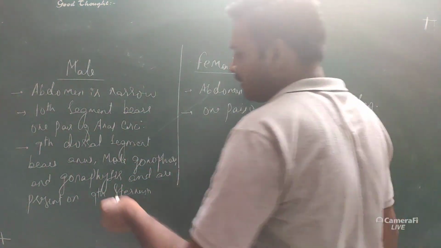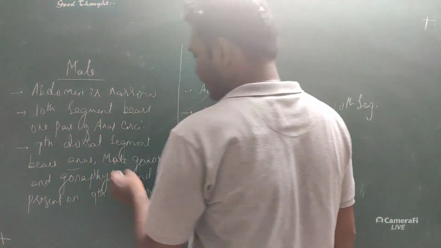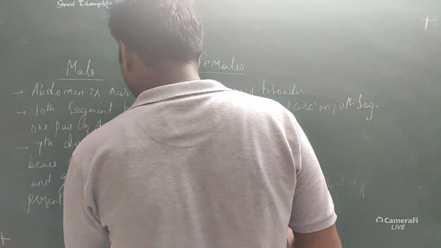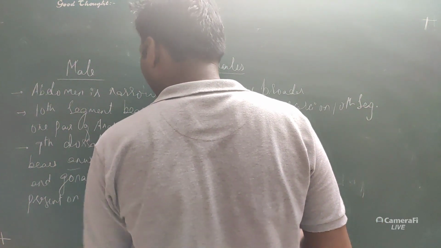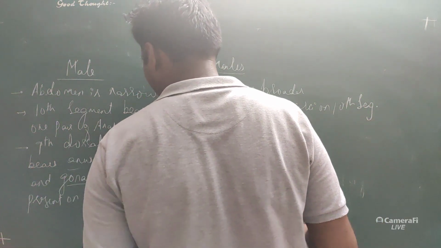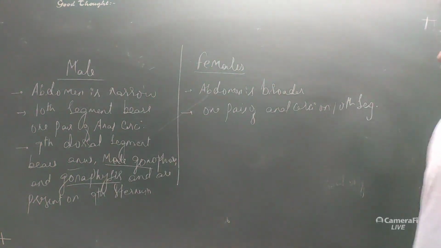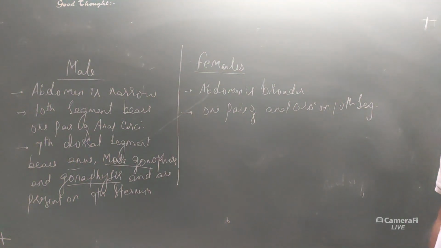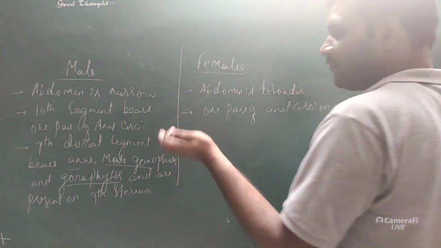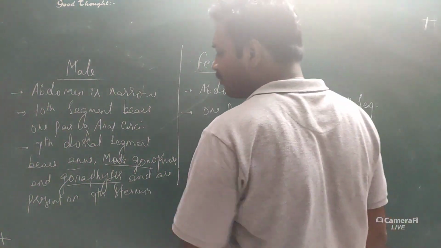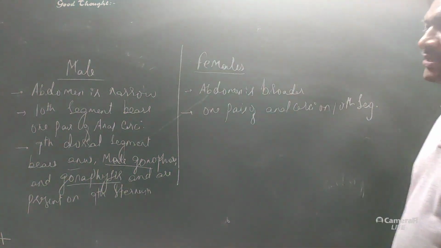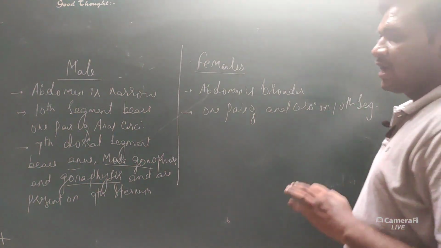The dorsal segment bears the anus, and the male gonophore and gonapophysis are present on the ventral side, that is, on the ninth sternum. So from the ventral part you can see the male gonophore and gonapophysis, while on the dorsal part you can see the anus.